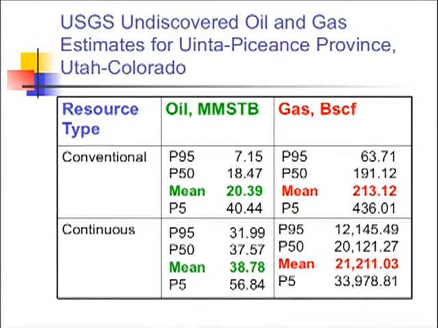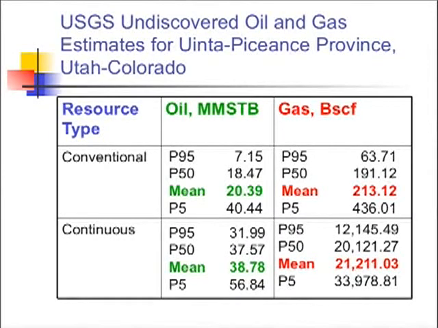More importantly for our purposes is the fact that the USGS came up with a complete distribution of these hydrocarbons with 95% probability. That's the P95 number on the slide. They estimated that the industry would be able to produce about 7 million barrels. And with 5% probability, they estimated the industry might be able to produce as much as 40 million barrels. Again, with a mean value of about 20 million.